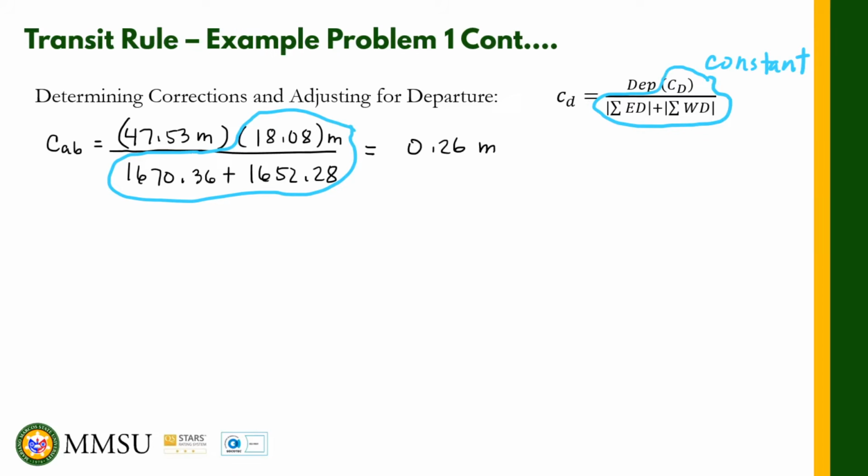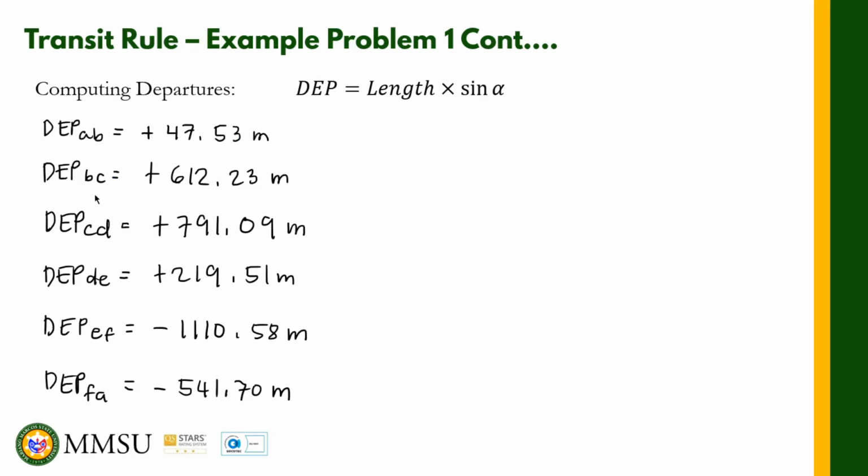Okay, so let us go to the correction of BC. Okay, so we just multiply this by the departure of BC. The departure of BC is 612.23.